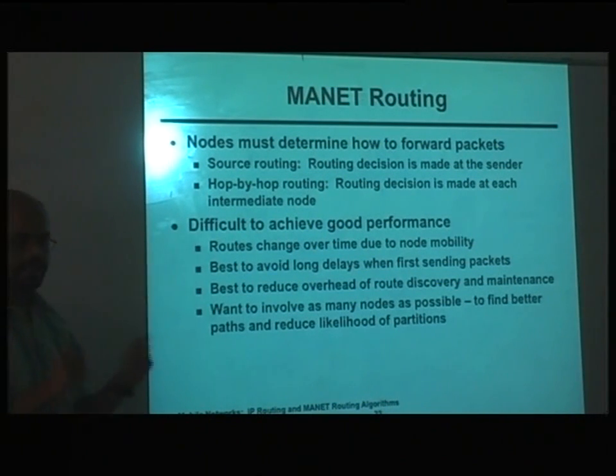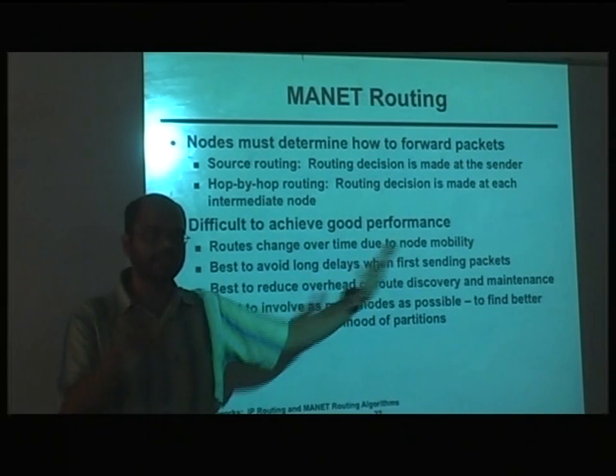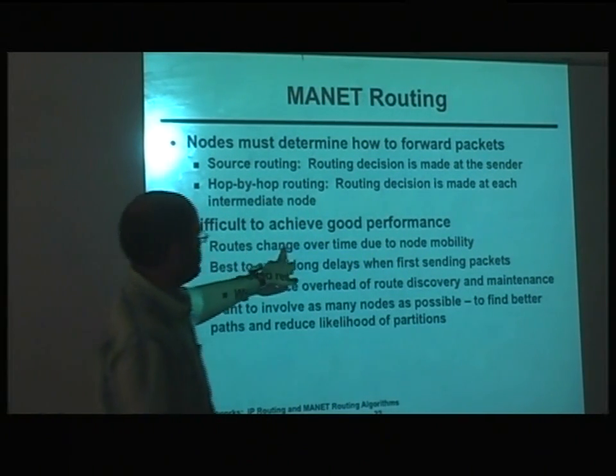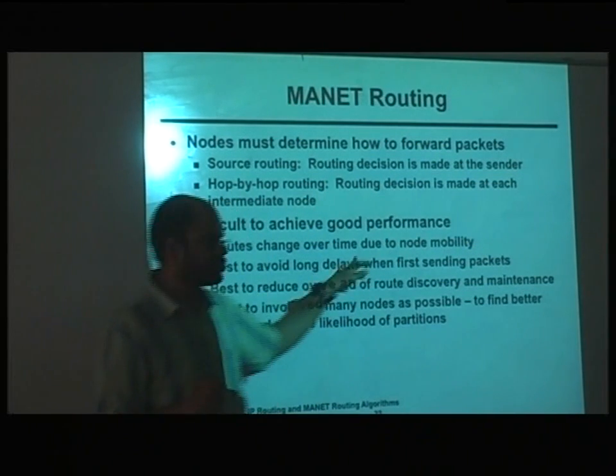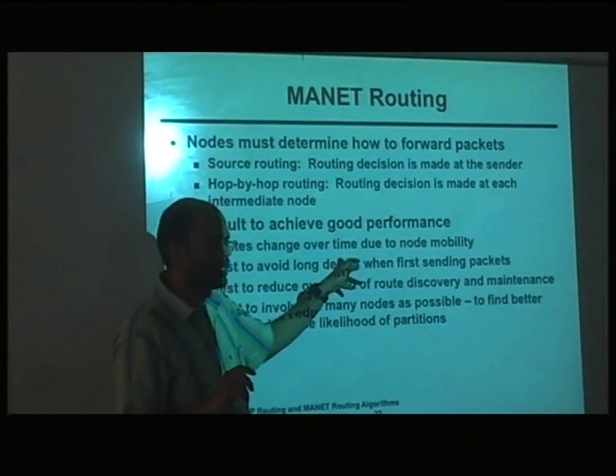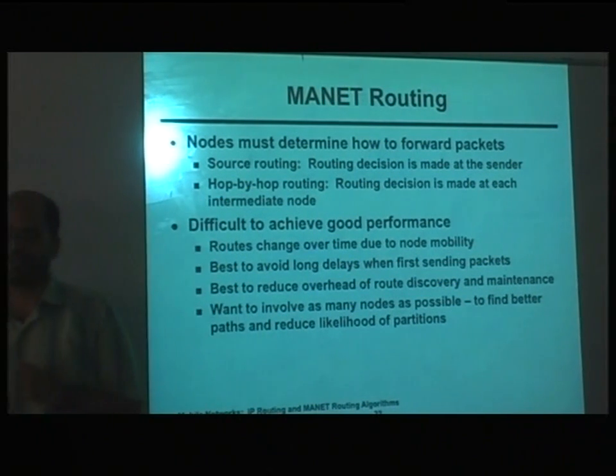Because of the standard algorithms, we saw all the challenges, the differences between internet and wireless routing. So we cannot use the standard algorithm because routes will continuously change due to mobility, and you want to avoid long delays when sending the first packet. In the wired internet, when you send the first packet, the route is already established. For example, if you try to connect to google.com, everybody inside the network knows how to connect to google.com.